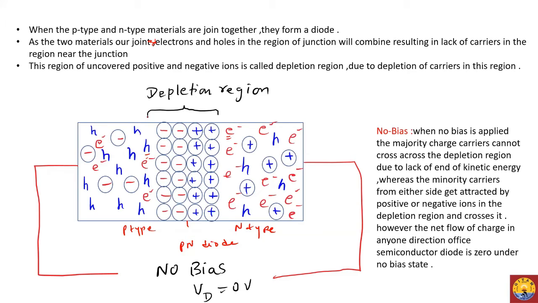This region, called the depletion region, has no carriers present. You can see only ions but no carriers. We call it the depletion region because the area is depleted of free carriers.